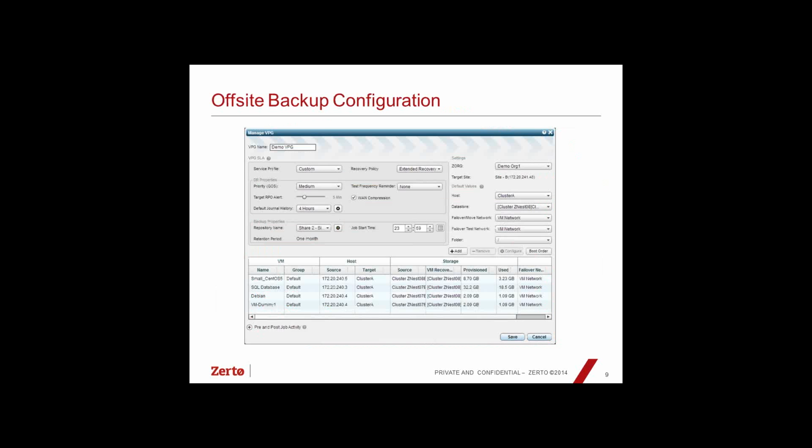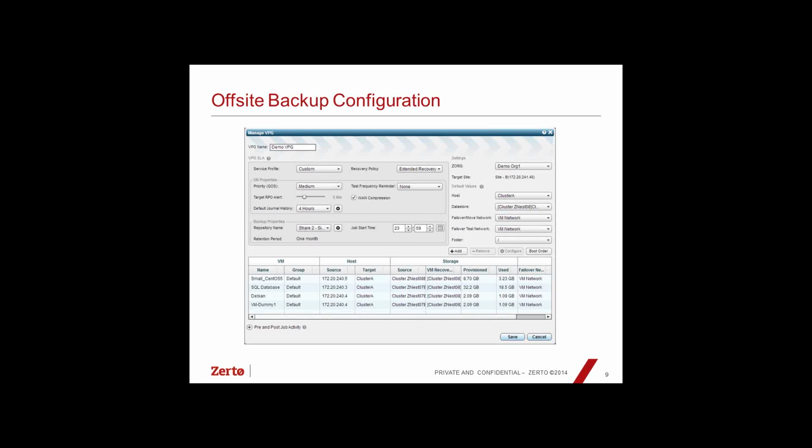All right. So now if we take a look at the offsite backup configuration. If you're familiar with Zerto Virtual Replication, this will look very familiar. If you're not, this is basically the interface to manage your VPG. So you'll set things up like the service profiles, target RPO, journaling, and things like that. And then also you'll see backup properties.